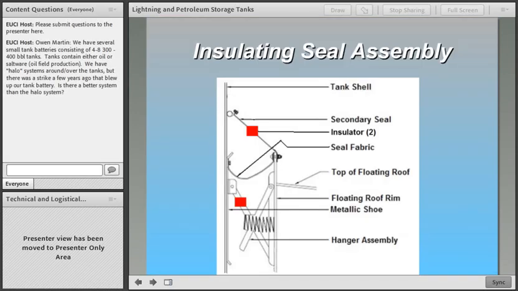And here's the concept. We want to insert insulators between the roof and the shell to prevent lightning currents from arcing from the shell to the roof through the hanger mechanism.